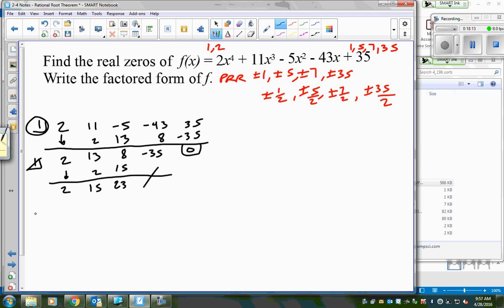So fine, we'll move on to the negative one. Still working on that first equation now, though. It's going out. 2, 13, 8, negative 35. I don't think so. Move on to 5.